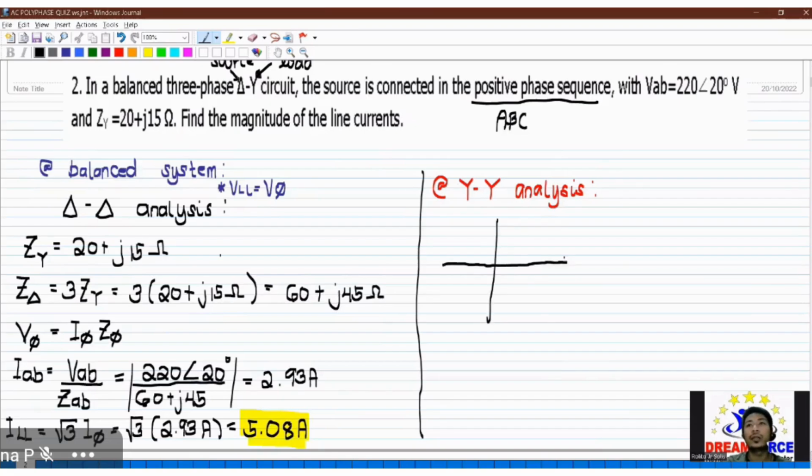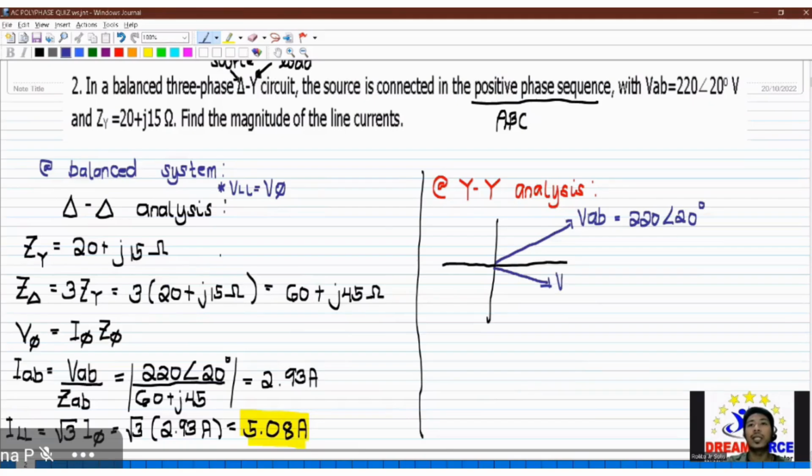Let's plot it. We have VAB, 220 angle 20 degrees. When solving for Y in terms of voltage, the line value is divided by the square root of 3, while its angle is reduced by 30 degrees.